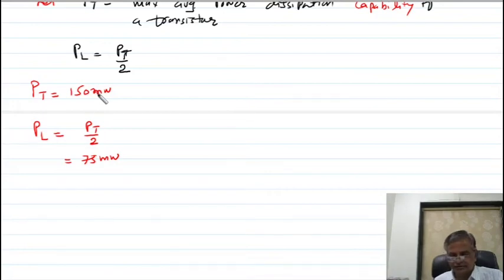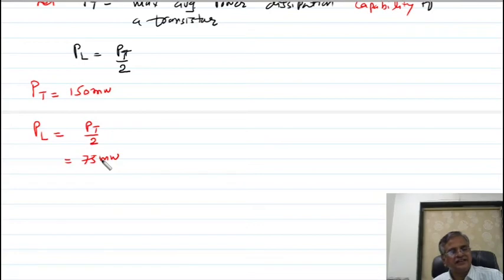So remember, PL is nothing but PT by 2. Suppose someone says I want to deliver a PL of 300 milliwatt. What should be my minimum value of PT? The PT of a given transistor should be at least 600 milliwatt.